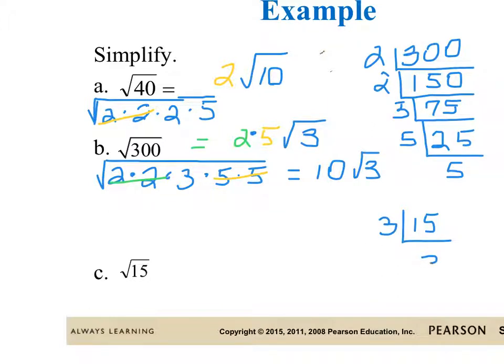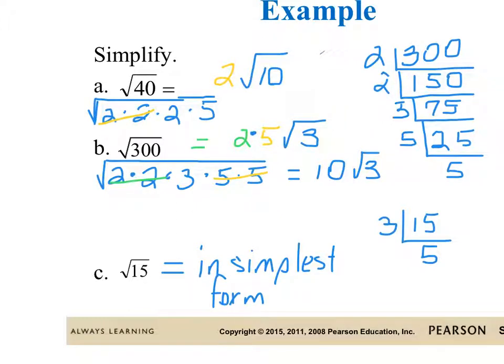And when we divide it by 3, its other factor is 5, and we only have one 3 and one 5, so this is in simplest form. So there's nothing we can do to simplify that one. It's already in simplest form.